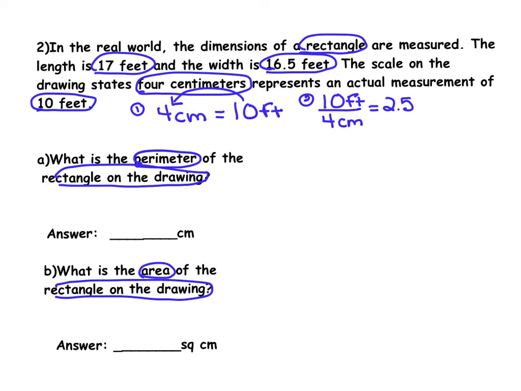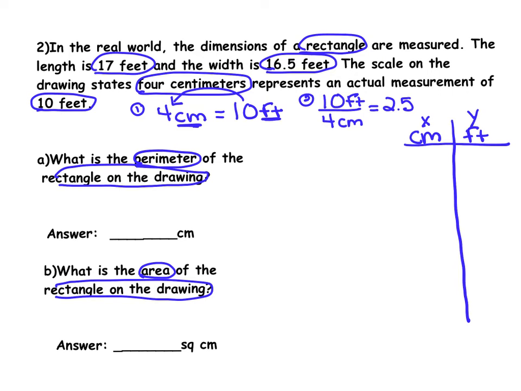Step 3. Let's construct a quick table, and then we'll draw a rectangle. We know the paper measurement is centimeters. That's our X value. And we know the actual measurements are measured in feet.